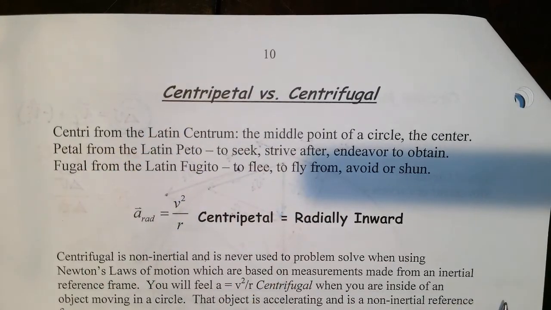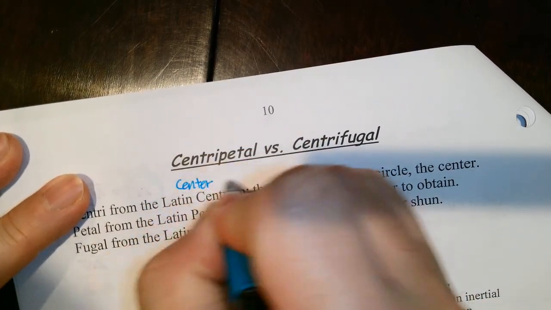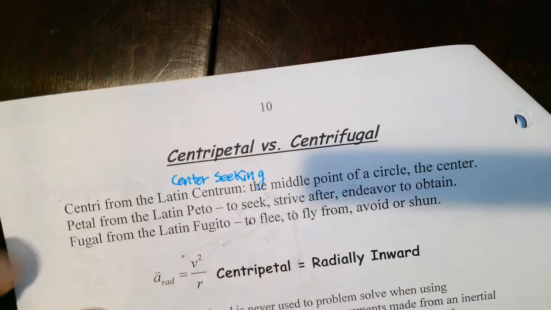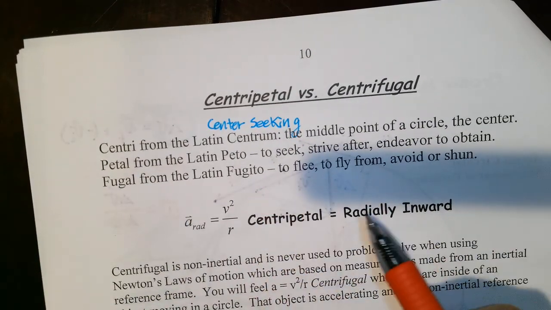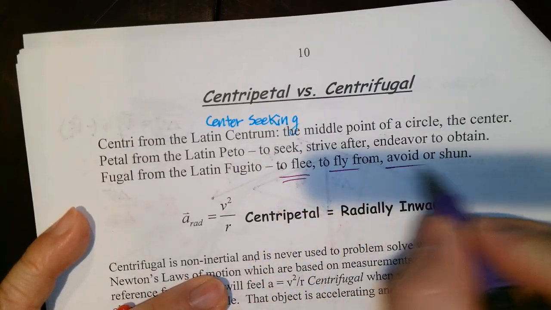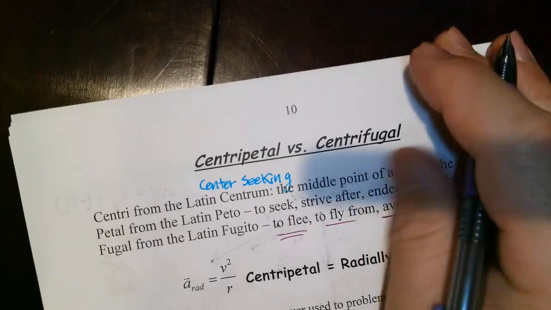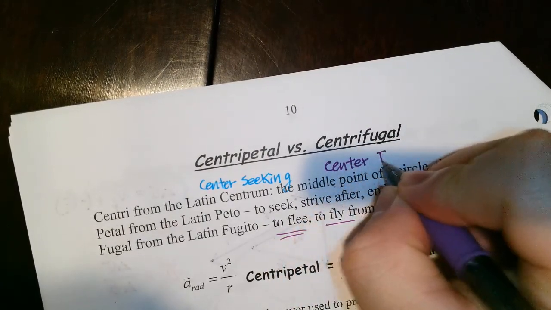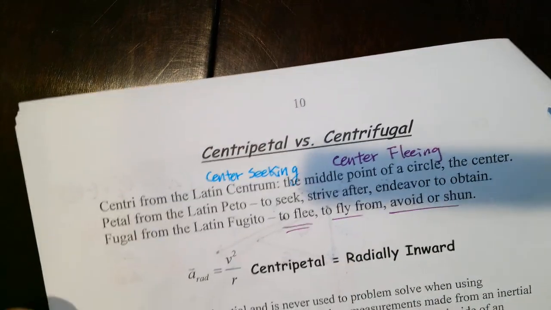So centripetal is center seeking, where fugal, from the Latin fugito, to flee or to fly from, avoid or shun, means this centrifugal one means center fleeing. Okay, center fleeing.